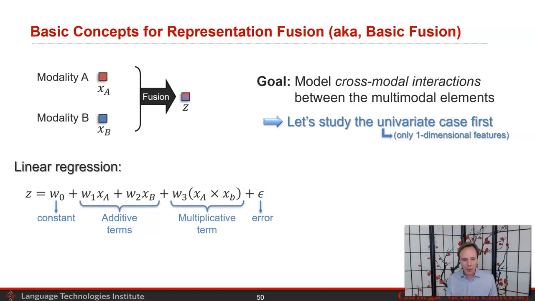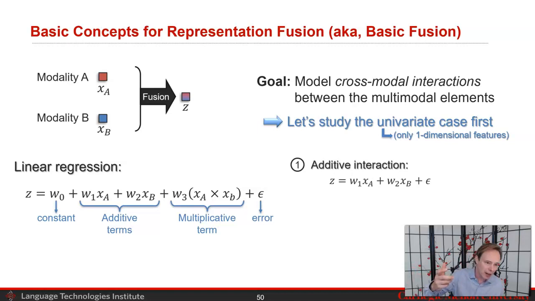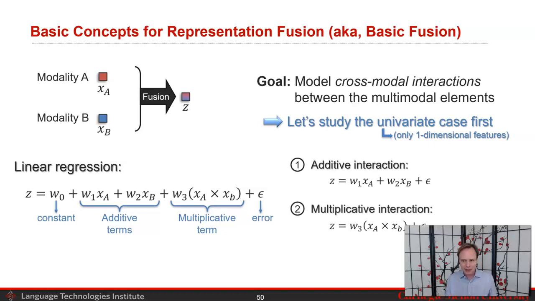And so here you could have a simplification of linear regression where it's only additive interactions, and we will often call this sometimes even additive fusion. And then you'll have the multiplicative interaction, or you'll have both of them together.